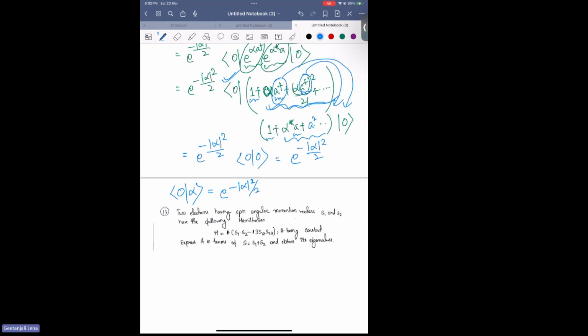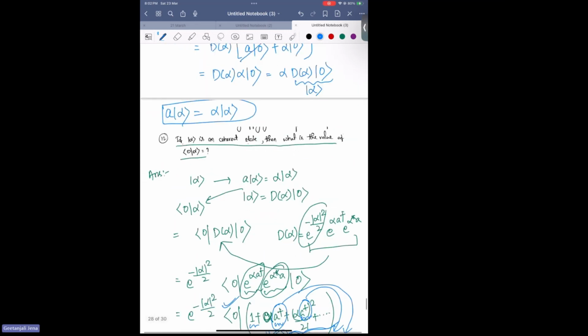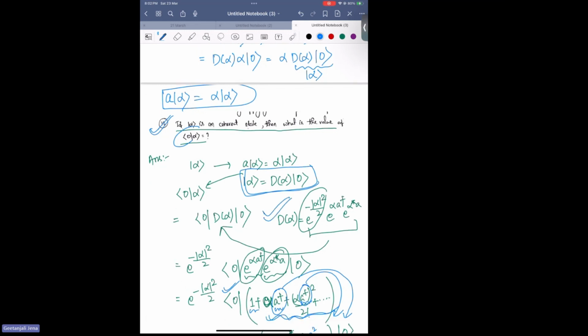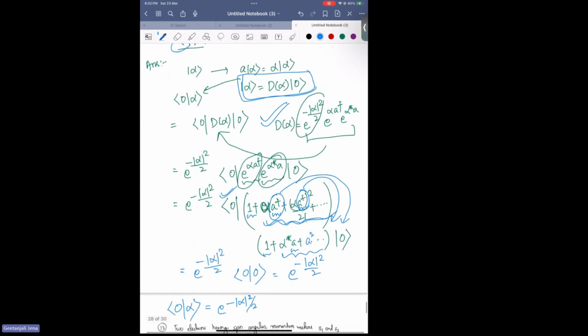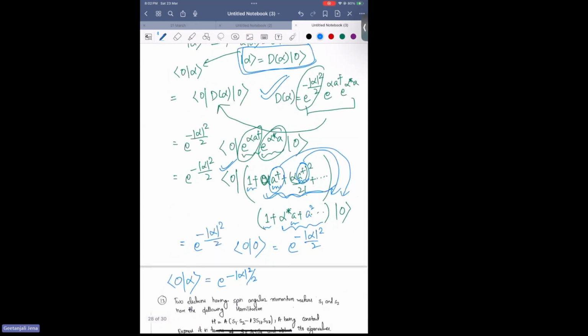If there is a more complicated problem than this, then you can use the fact that alpha you can get from the displacement operator, and this expression for the displacement operator. You can use this fact to solve other problems. This will help you to solve the problems quickly.